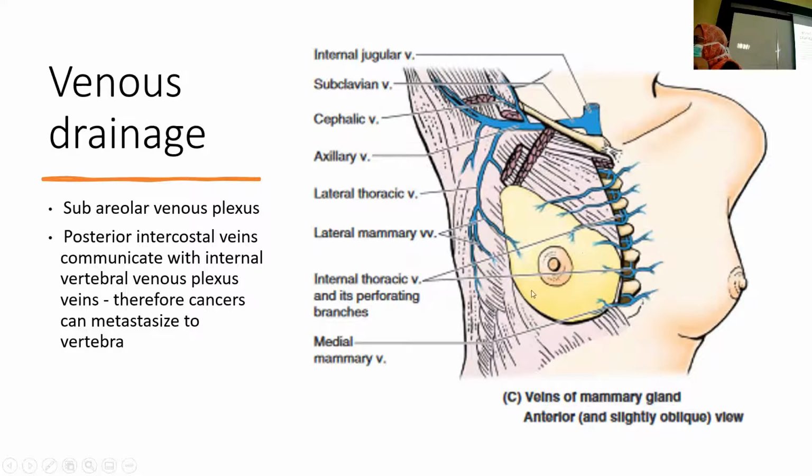Laterally, you have your lateral mammary and lateral thoracic veins draining the upper part. The posterior part also drains to the posterior intercostal vein, and they communicate with the internal vertebral venous plexus. So this is why cancers can metastasize to the vertebra.